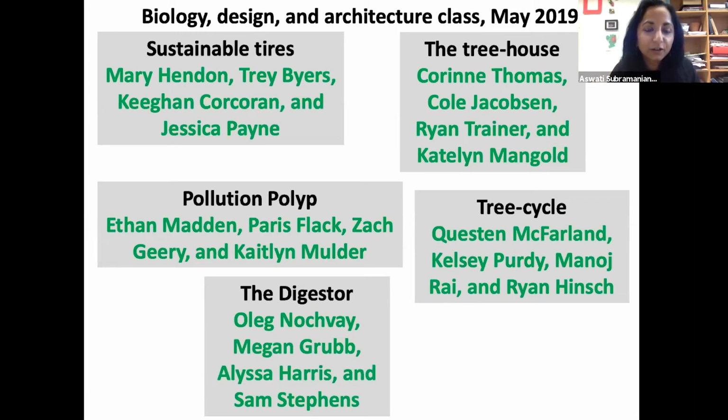We had a group that came up with sustainable tires, where they were making tires using biological material. We had another group that came up with the concept of a tree house, where they used inspiration from woodland communities to come up with an entire community. We had Tree Cycle, which was a way to use the runoffs from gardens and farmland to then recycle them to use for the crops in those areas.